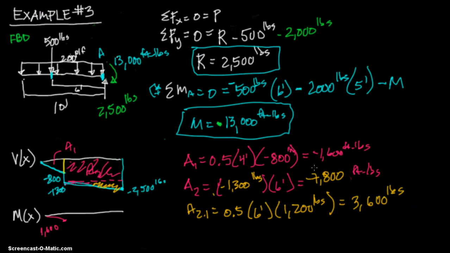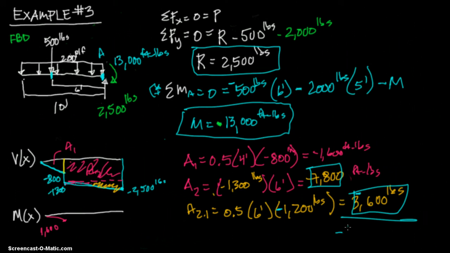And we need to add these two together to get our answer. We need to add this one and this one. And this is negative. I didn't put that in there, but it is negative right there. So 7,800 and 3,600 is the total.